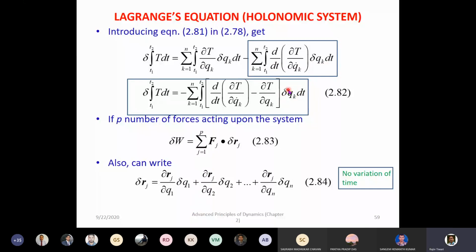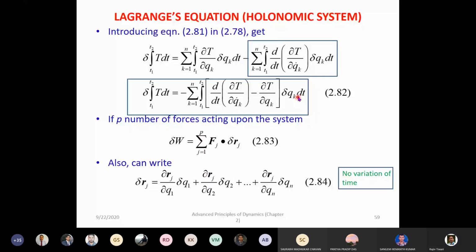So I'll take it common within the integral. So this is this term, and this term is coming here. Negative sign is taken out, so the variation of the kinetic energy is now in the required form, where only the variation of the generalized coordinate is there.